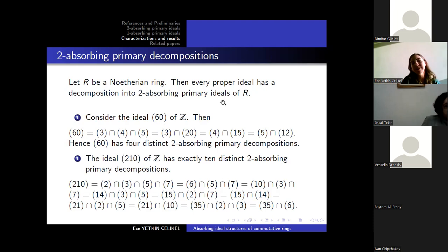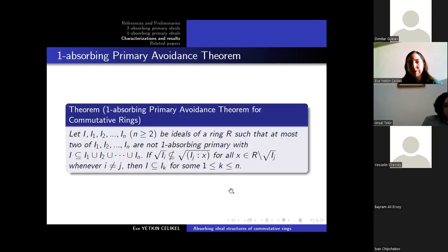But this decomposition is not unique. For example, if you consider this ideal, you have 4 distinct two absorbing primary decompositions. And if you consider the other ideal, you have exactly 10 distinct two absorbing primary decompositions.